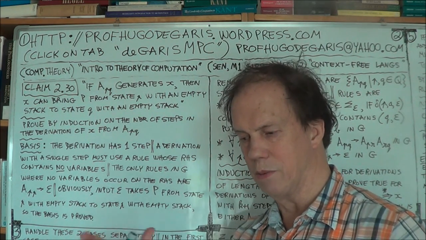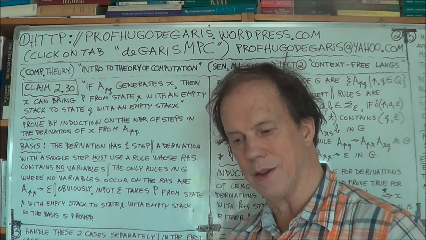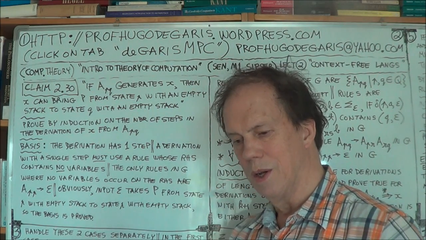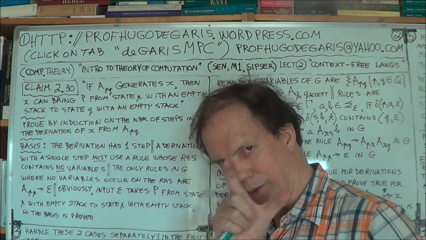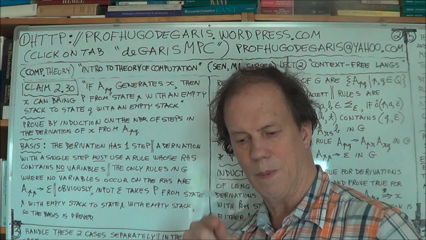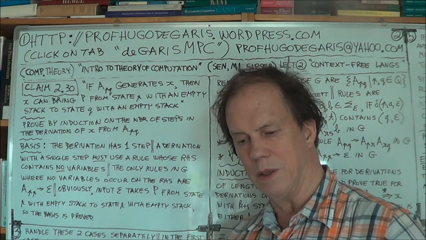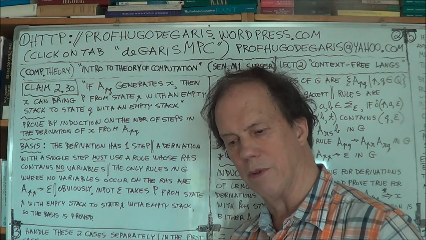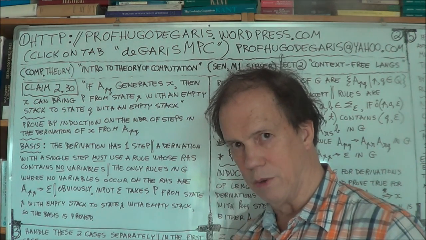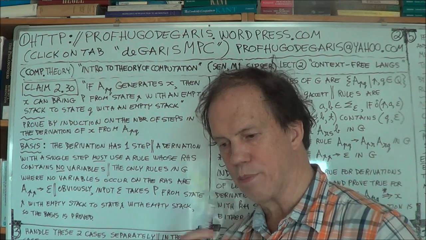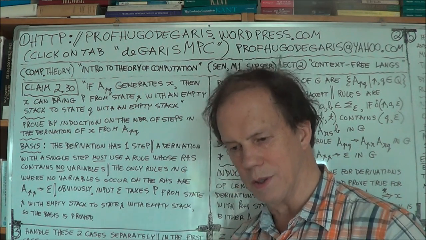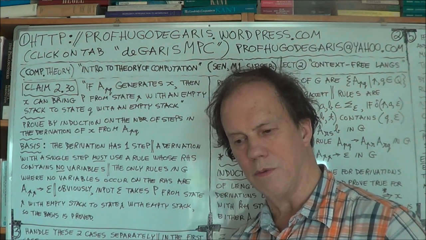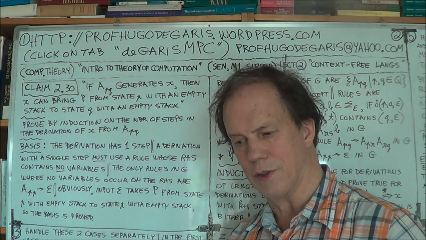Then you throw out that variable and you replace it by the right-hand side of the substitution rule. And you keep doing that until eventually you get a string full of terminals. That process of substituting, that's called deriving. So from the grammar you derive a string.